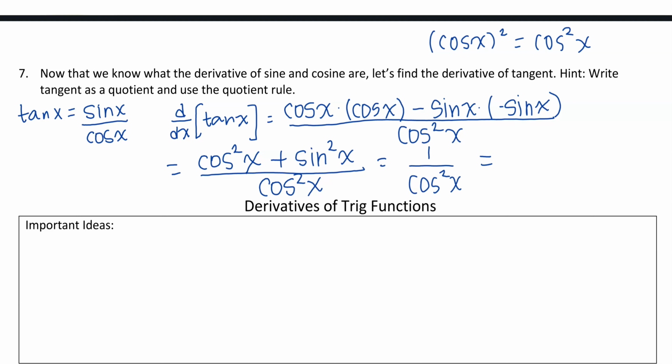Well, what is 1 over cosine squared of x? Secant squared of x. Awesome. So the derivative of tangent is going to be secant squared.